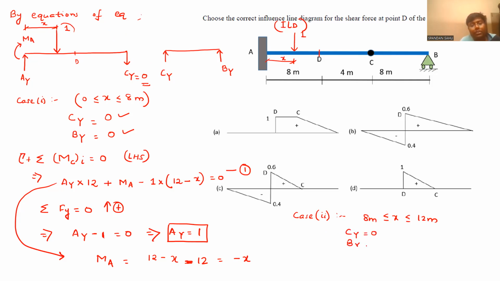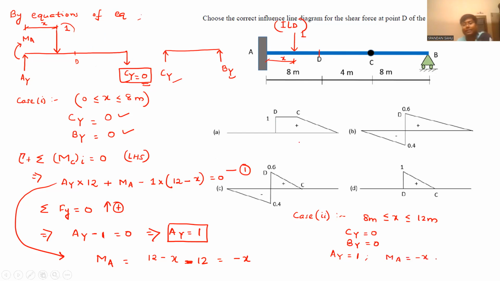BY will be equal to 0 again from similar concept, because your unit load will be moving between D and C and there won't be any load in this span. So both CY and BY will be 0. So this will get transferred here. Again, this CY will also be 0. Now, when this one unit is moving, this same x distance it will follow. So AY will remain 1 as it is, and MA will be minus x.